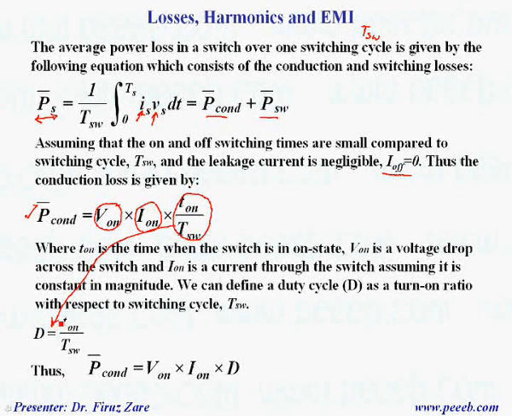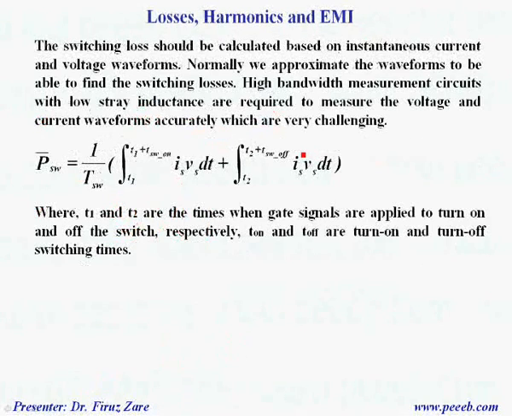So finally we can simplify this equation, and the average conduction loss over one cycle is the voltage drop across the switch times the current through the switch times the duty cycle, meaning the turn-on time over the switching cycle. We can calculate the switching loss based on instantaneous current and voltage waveforms.